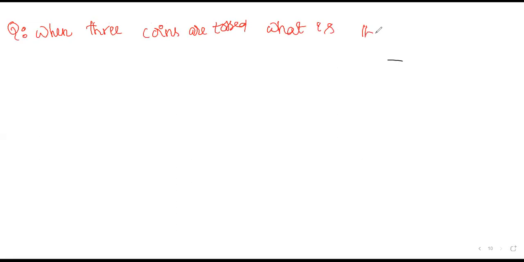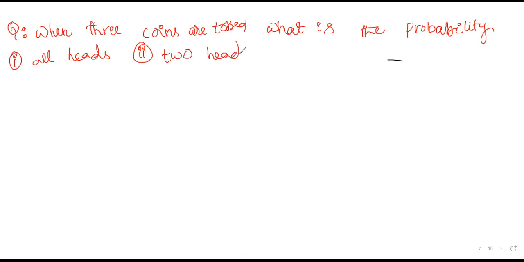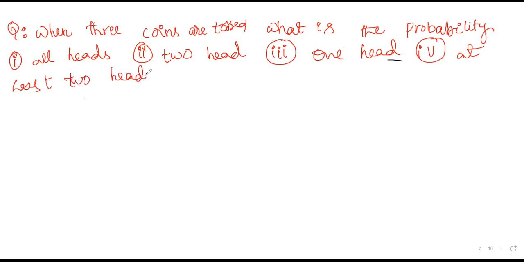The question: when 3 coins are tossed, then what is the probability that: question number 1, all are heads; question number 2, 2 heads; question number 3, 1 head; question number 4, at least 2 heads. Okay, so this is the question.